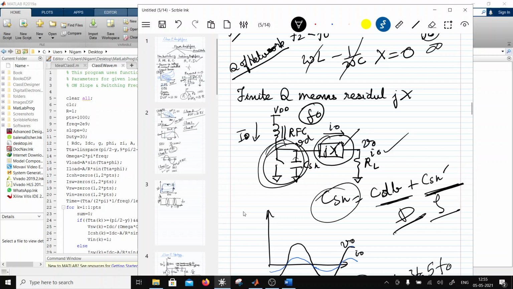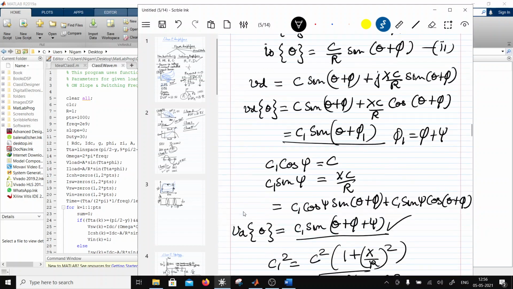And the CSH in the worst case would be the same as the CDB, output capacitance of the device. So if the output capacitance is large for a given frequency, you may not be able to design because it exceeds CSH. In that case, what you do is you design for a different duty cycle. Then you will be able to design a Class E amplifier.